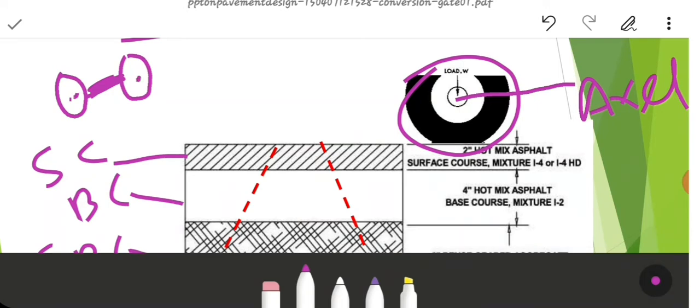Okay, if you assume wheel is here and axle is here, then axle load is distributed on a fourth layer.